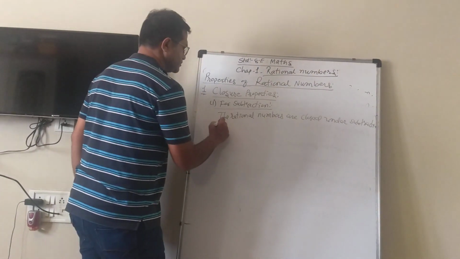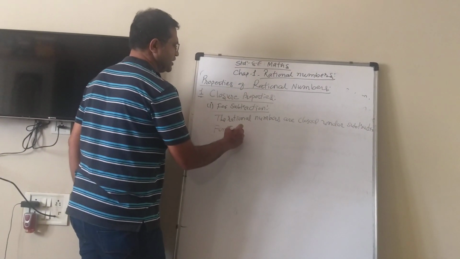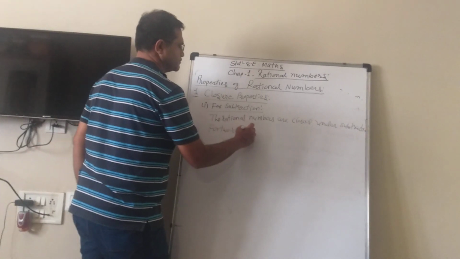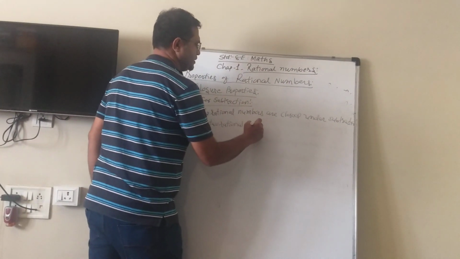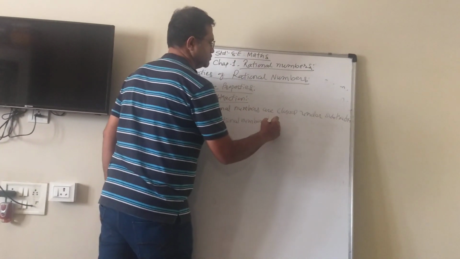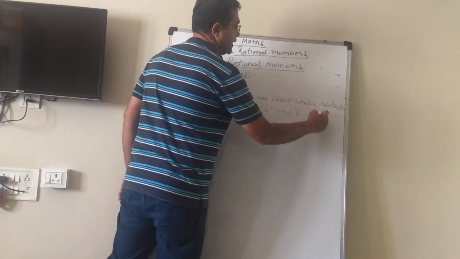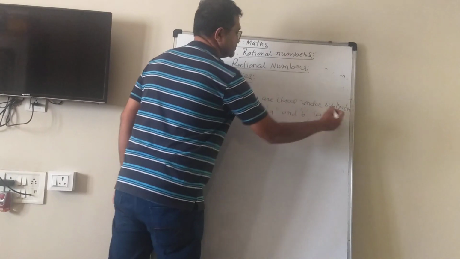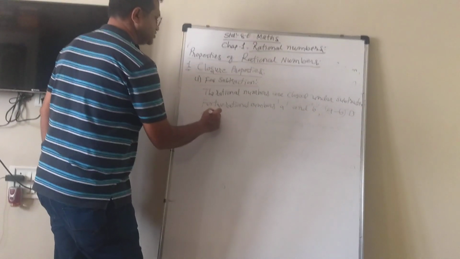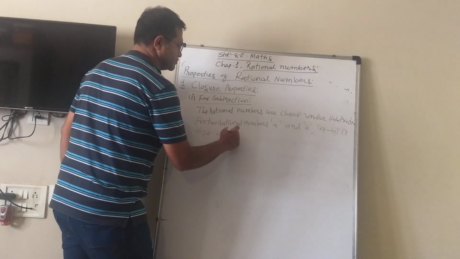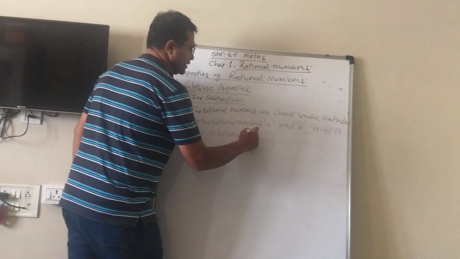It means that for two rational numbers A and B, A minus B is also a rational number.